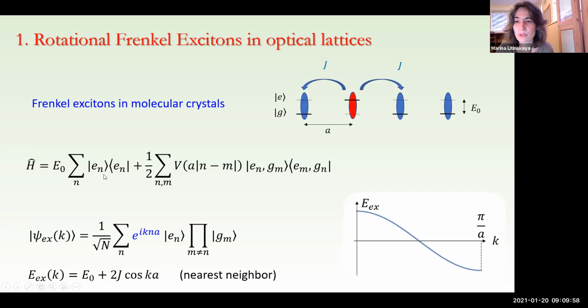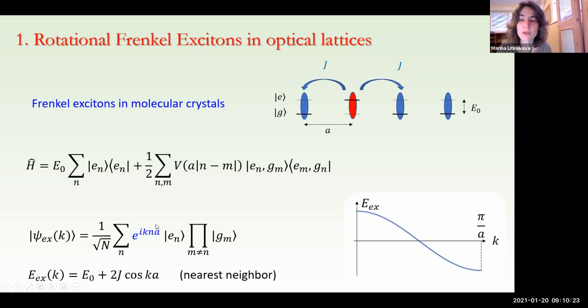So this is the Hamiltonian, which includes excitations of each lattice and excitation transfer via dipole-dipole interaction. And this would be the wave function. So this new quasiparticle, the eigenstate of this Hamiltonian with dipole-dipole interaction, is what is called Frenkel exciton. Each molecule has a probability of 1 over n to be excited, right?